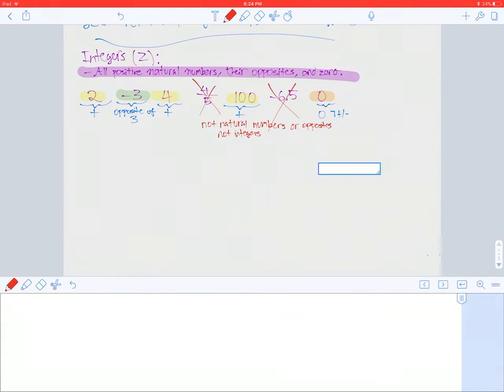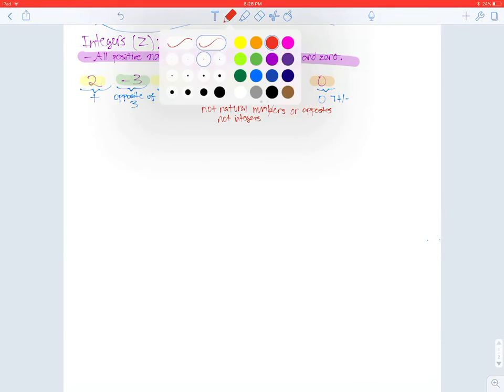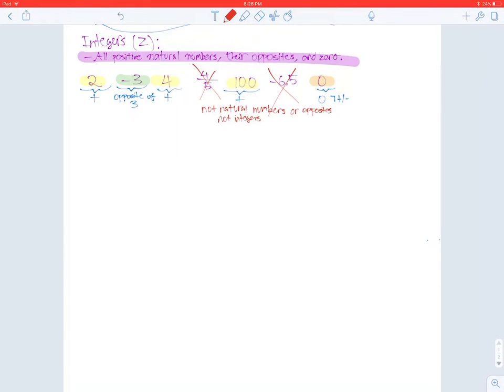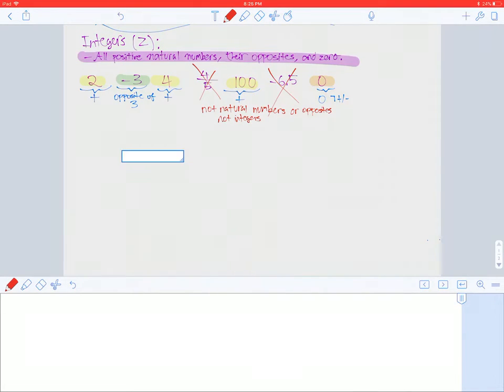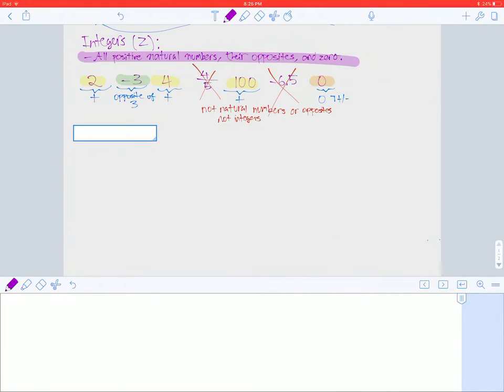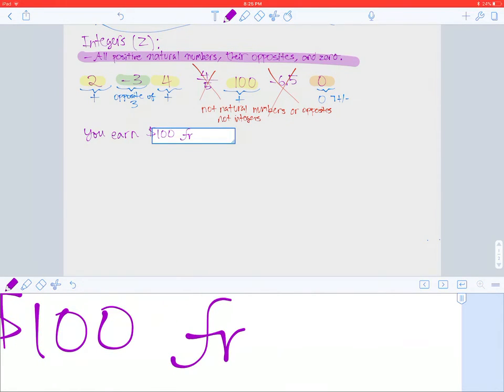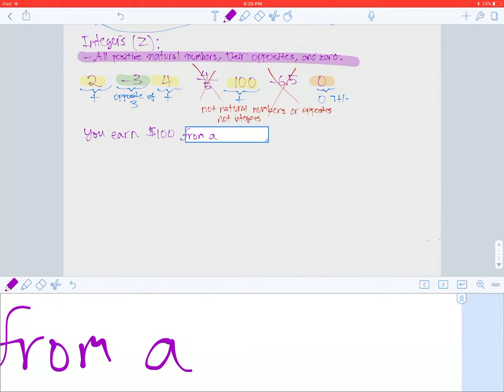So with this terminology in mind, we'll learn how to work with these integers and how to represent them. Let's say we wanted to describe something like you earn $100 from a sale. Now, what integer can you use to represent this?